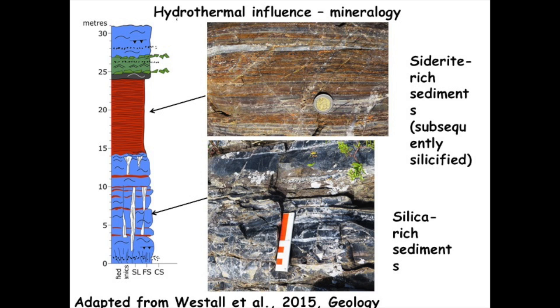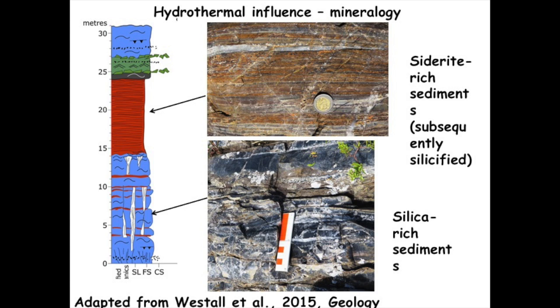Anyway, another influence of the hydrothermal activity is not just the silica, the fact that silica has pervaded everything. We also see it in the mineralogy. I've spoken about silica enrichment, silicification of the rocks. In fact, the altered volcanic sediments, when they're altered to clays, eventually are altered also to silica.